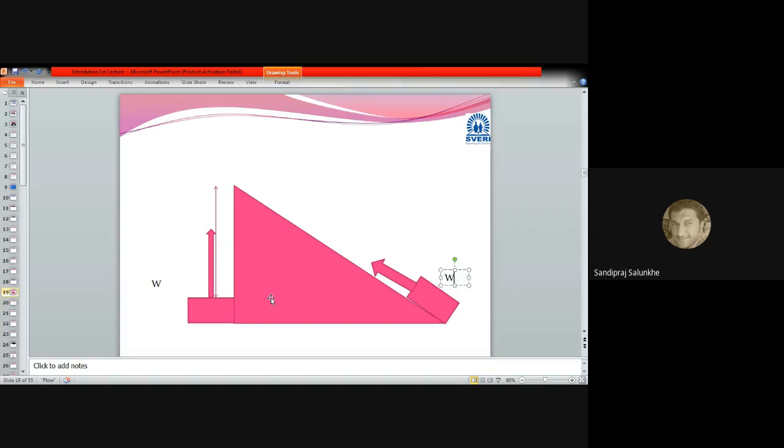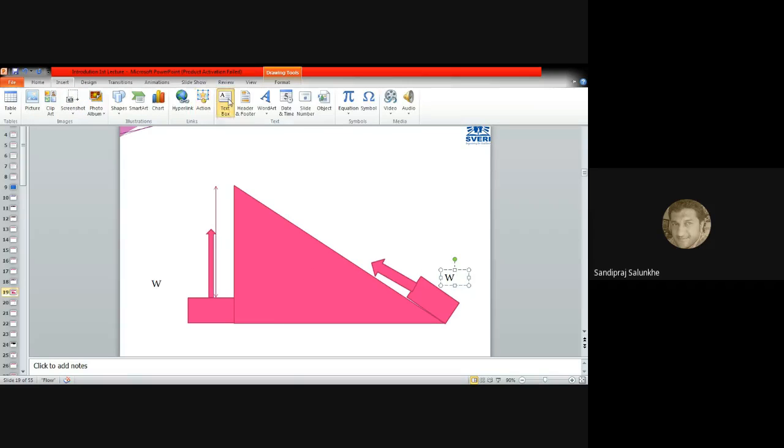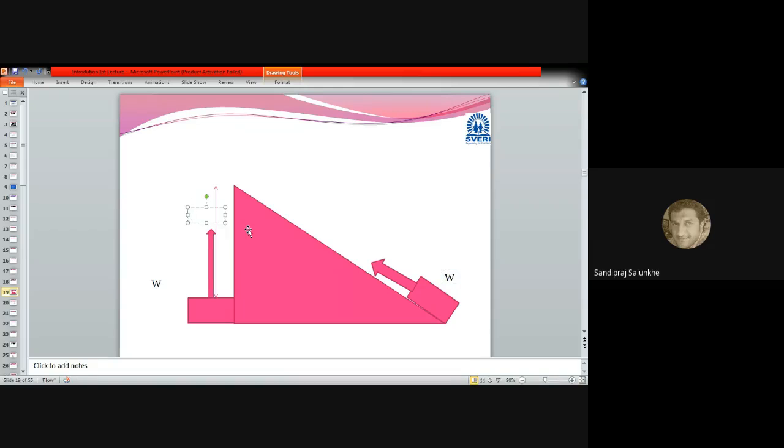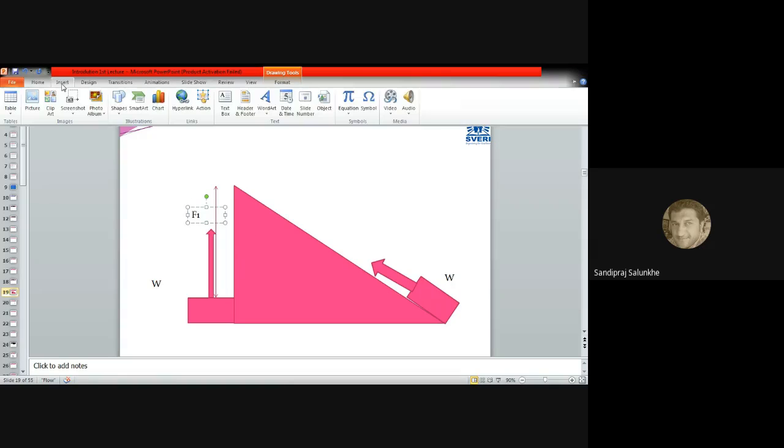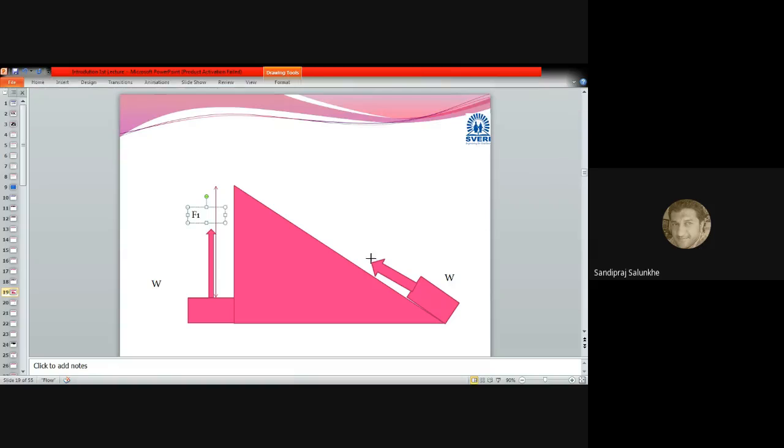So where will higher efforts be required? Here I will call it F1, because it will be different from the force applied here, F2. Where will efforts be higher and why?